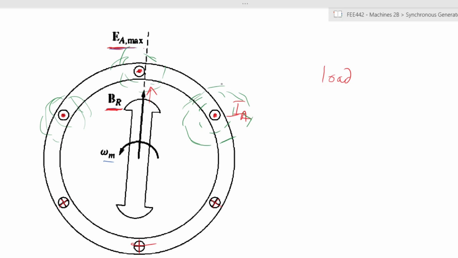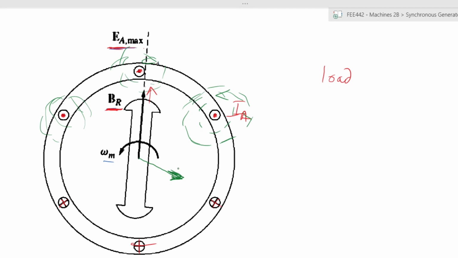For purposes of this diagram, direction will be something like that. The net result is that you will have another magnetic field, let me draw it this way, that will have a resultant in that direction.